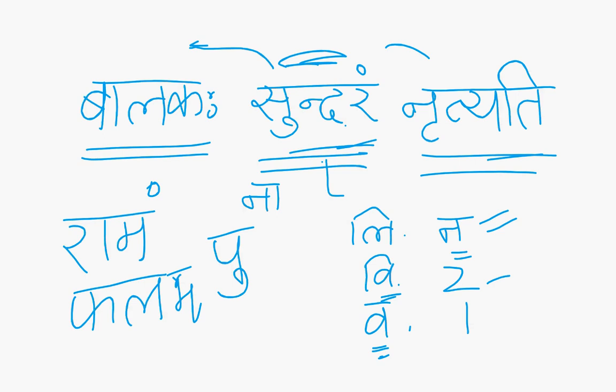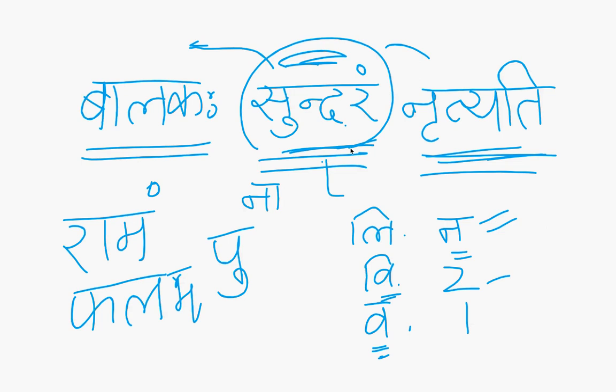Like Sundaram nrityati, here, what are we describing? We are describing the nrityam, the action, how it is being performed. So if you are describing its quality, then we use Dvitiya Vibhakti ekavachanam napumsakalingam.